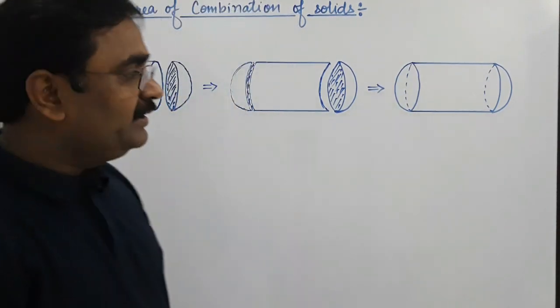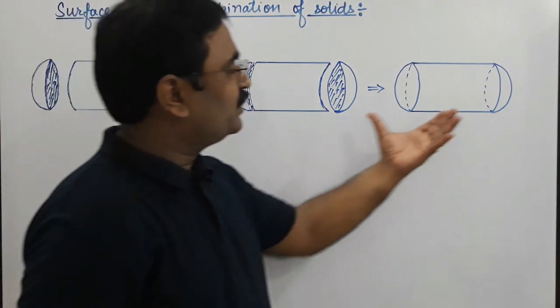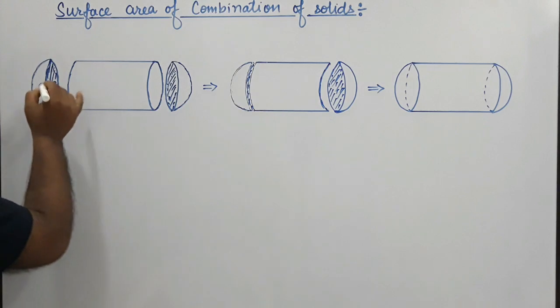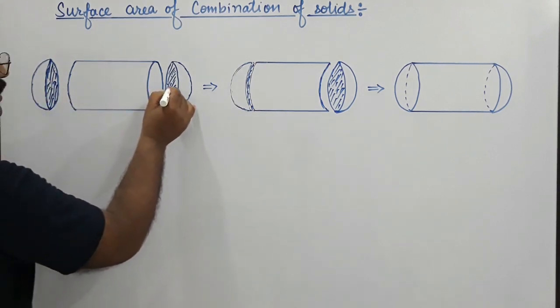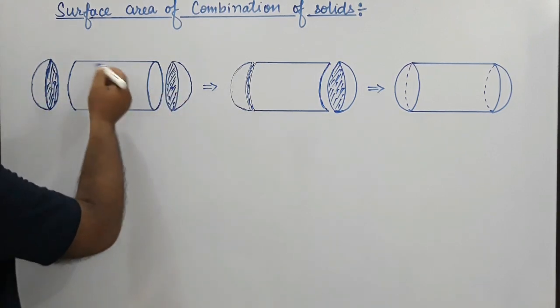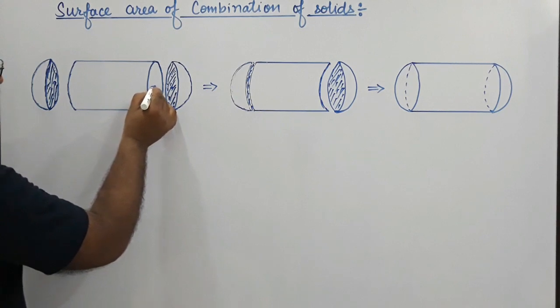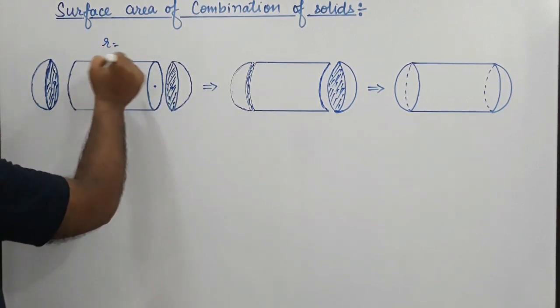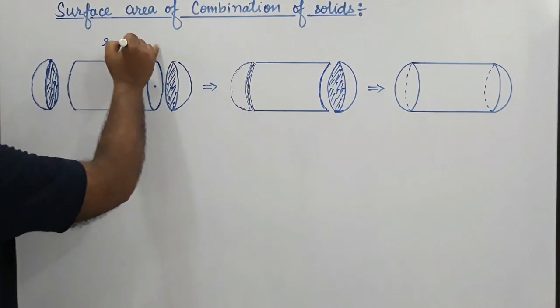To obtain the total surface area of this container, let us suppose that the radius of this hemisphere is r and the radius of this cylinder will be the same, r.